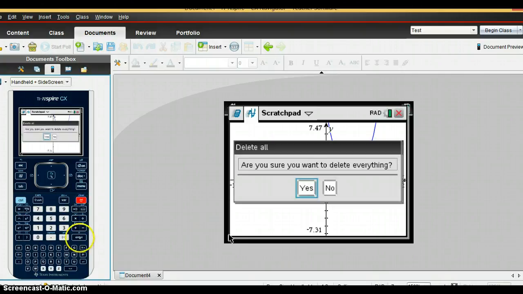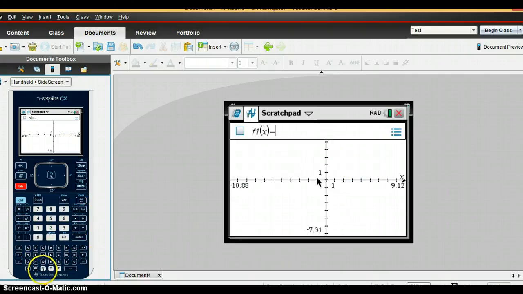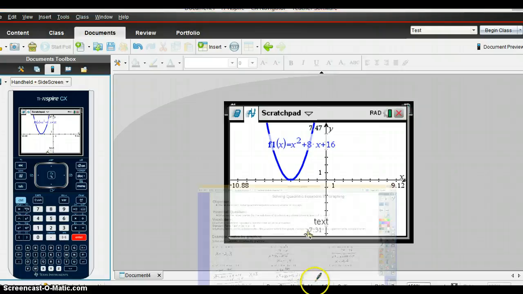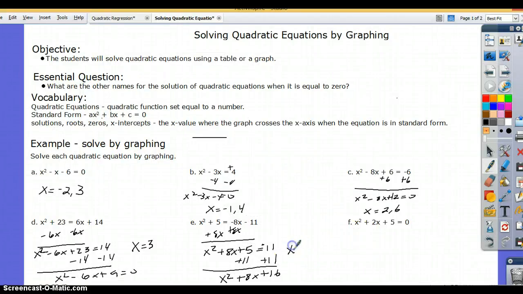So x squared plus 8x plus 16 gives me one solution over here at -4. So this one, x equals -4.